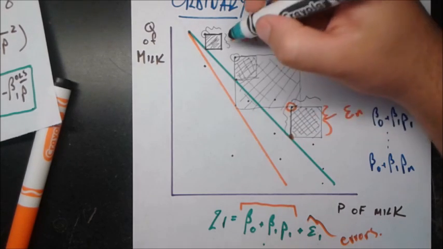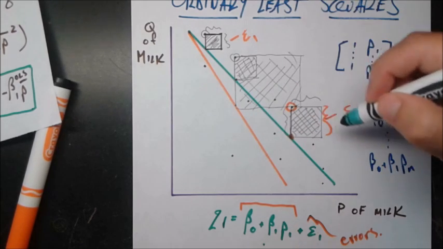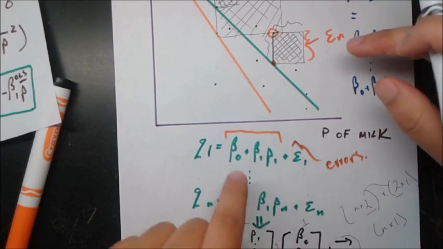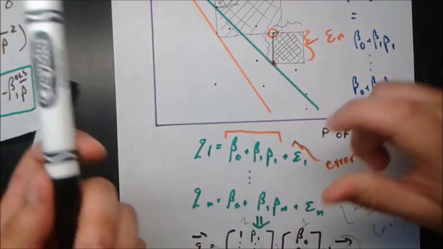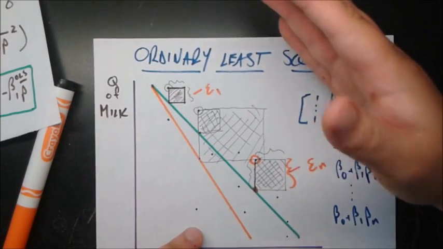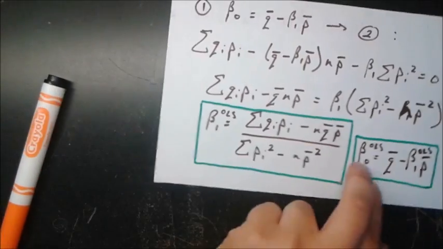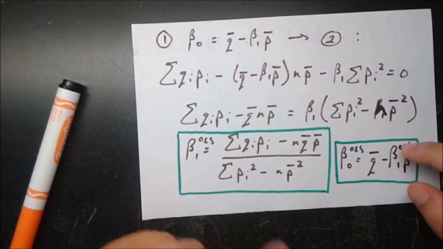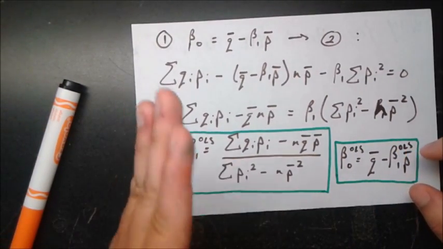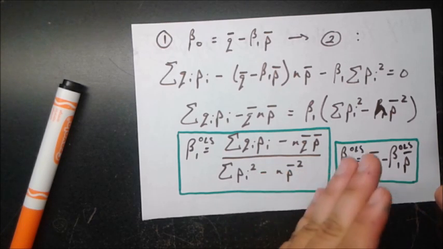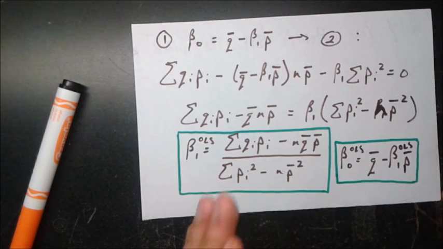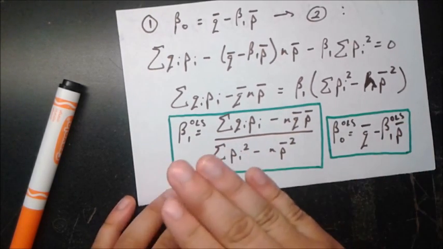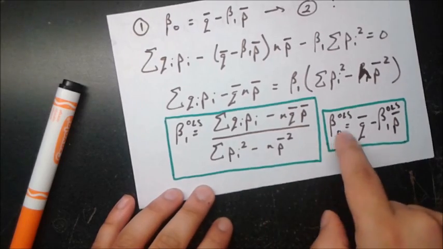So instead of squaring them, we're just taking the absolute value of epsilon sub 1, epsilon sub n, and so on. Then we'll get different beta naught and beta 1, and we'd have to call them something different. So since we're doing this for ordinary least squares, I'm writing OLS here just to remind us always that this is for an ordinary least squares regression, and that's the formula. So this formula doesn't hold always. It's just depending on which procedure we've decided to use. But anyway, here are our formulas.